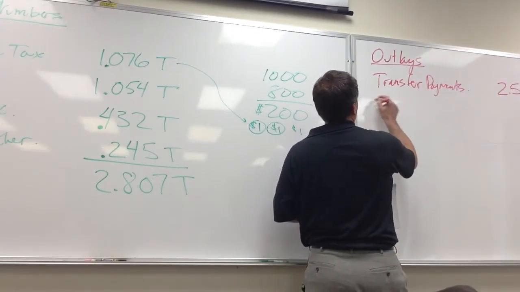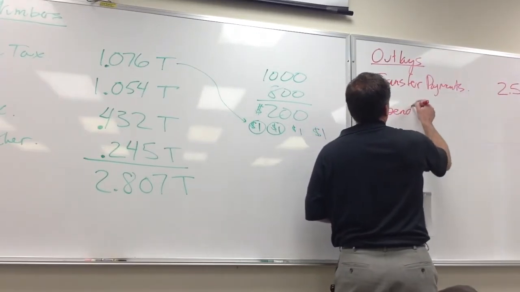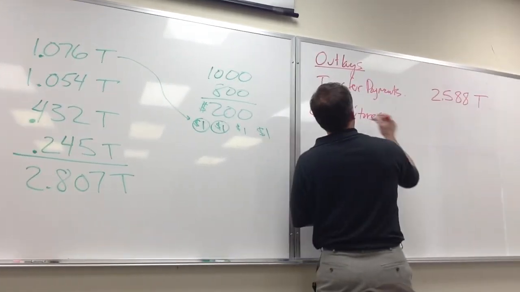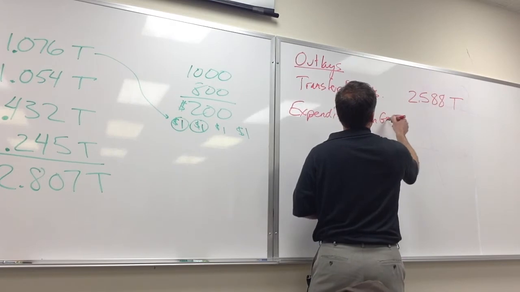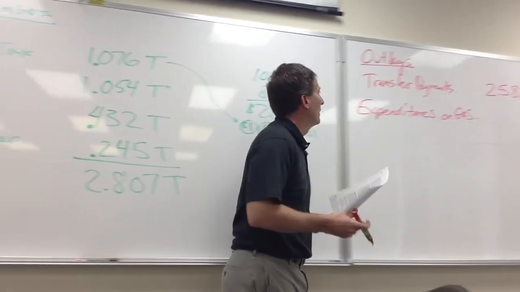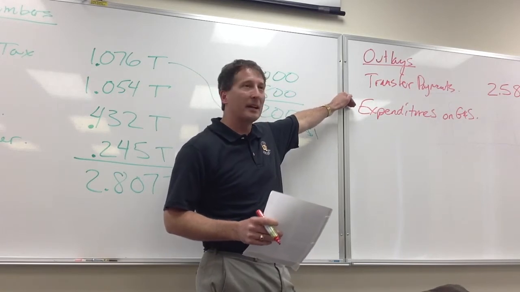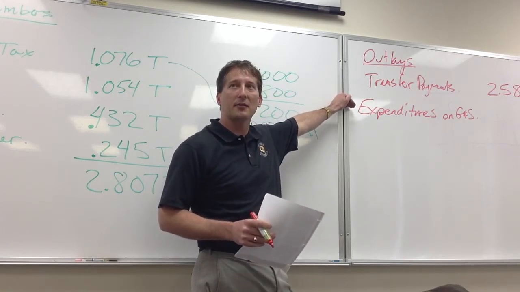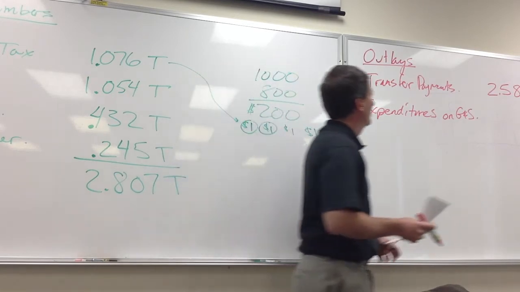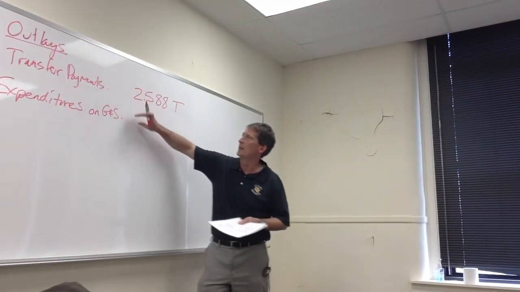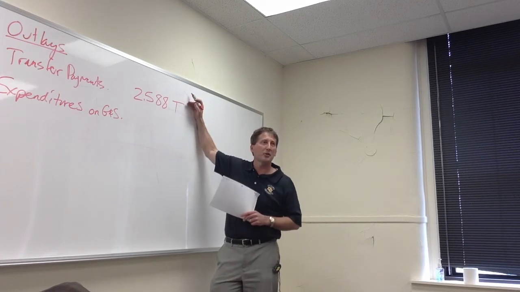Now, what about good old weapons of mass destruction and toilet paper for the White House? Expenditures on goods and services. The G, the weapons, the bombs, the airplanes, all of the national defense items, space exploration, all that kind of stuff. Bigger or smaller than transfer payments?